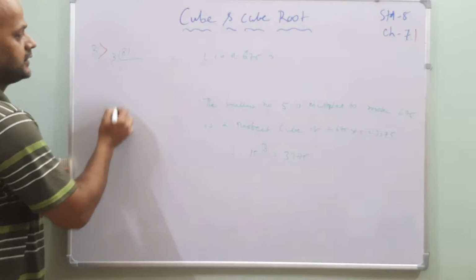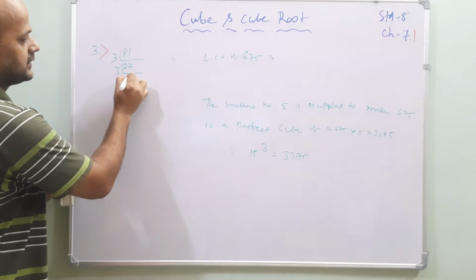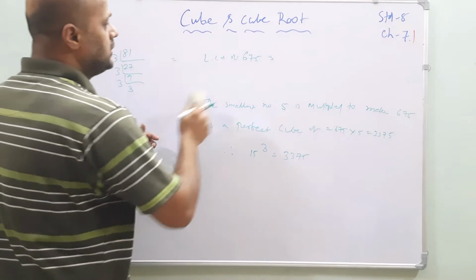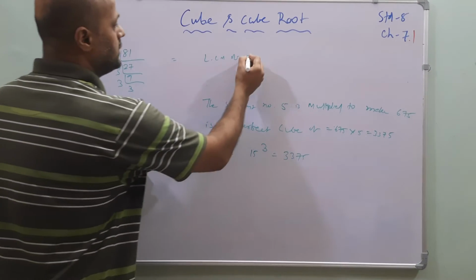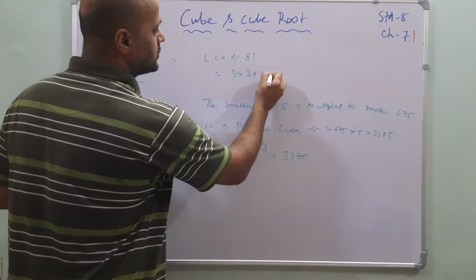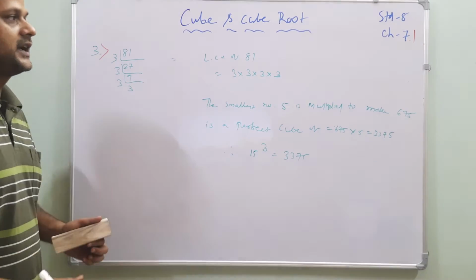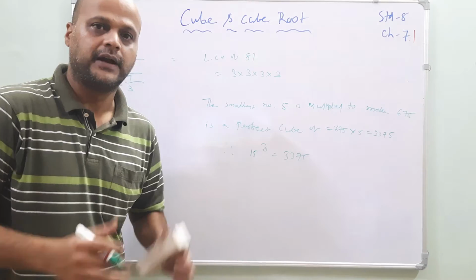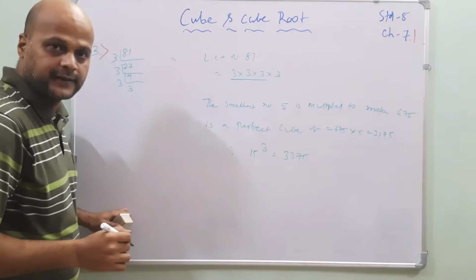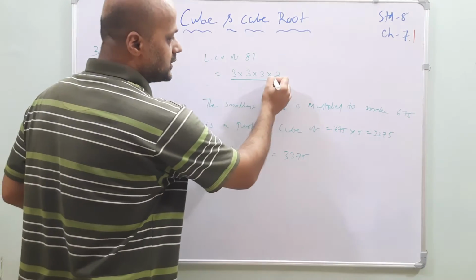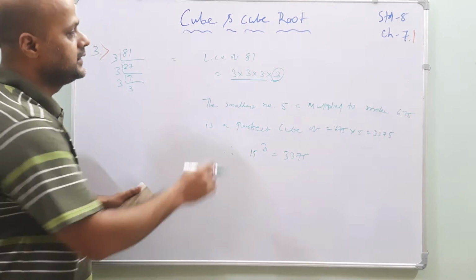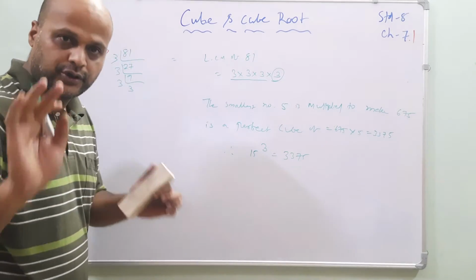So, 3 27s, 3 9s, 3 3s are. Yes or no, my dear friends? So, write down the LCM of 81 is 3 into 3 into 3 into 3. So, I said that what is the number divided? Divided means take out. So, already one group of three 3s is there. Another group is not there. If I take out 3, or divide by 3, then the rest of the number is a perfect cube or not?